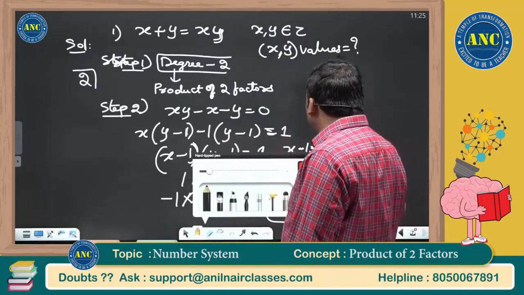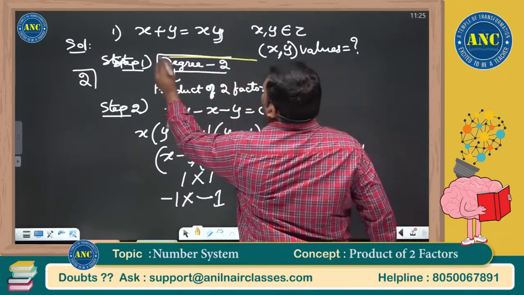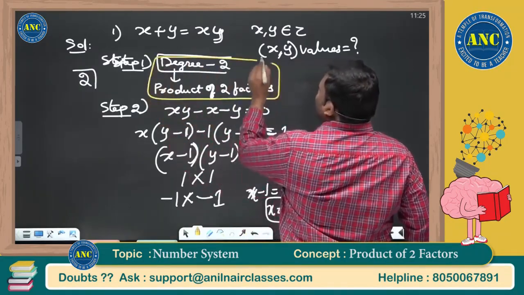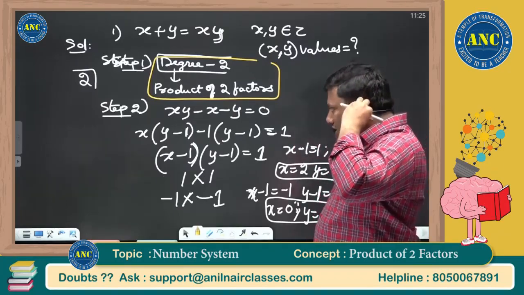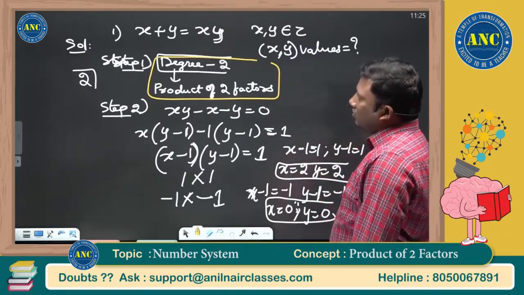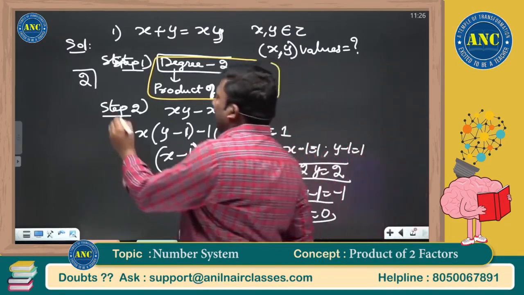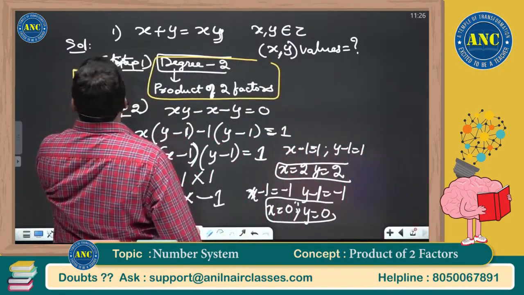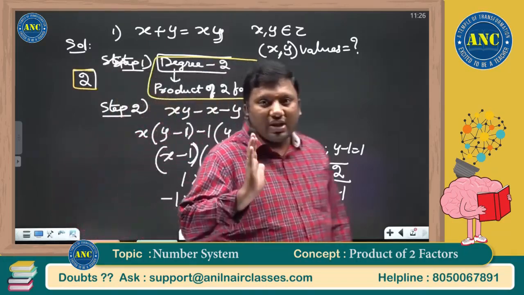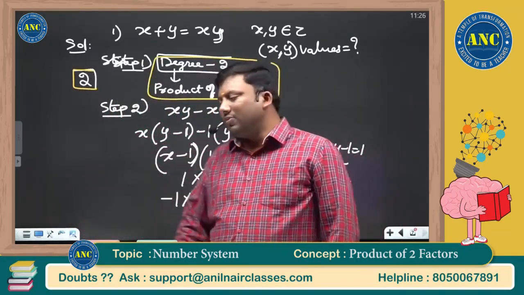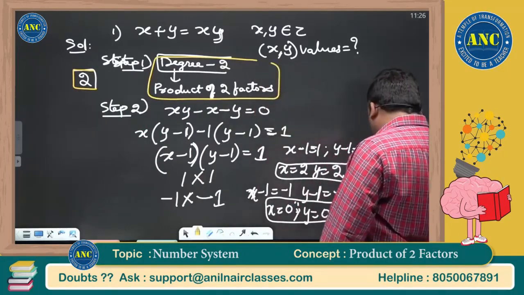So I pushed everything to the right hand side: xy minus x minus y equivalent to 0. Answer for this question is nothing but 2. I hope the first question is crystal clear to you. Step by step, problem by problem, we will solve each and every question.